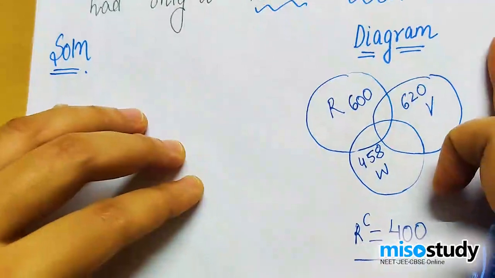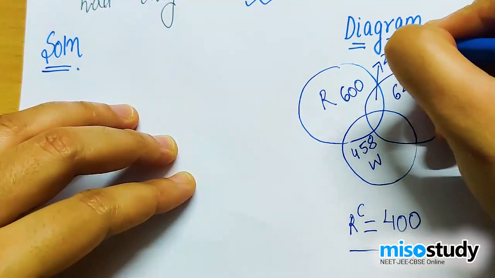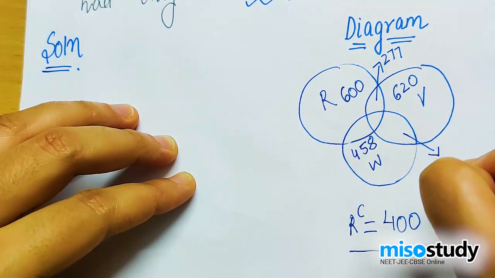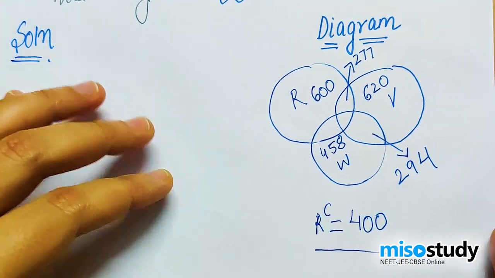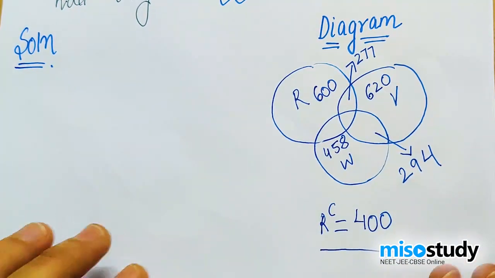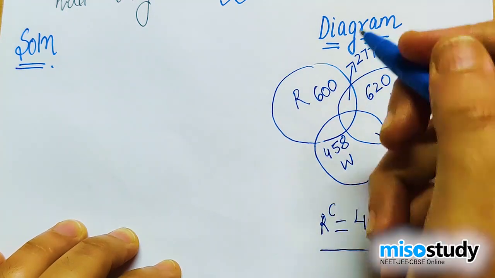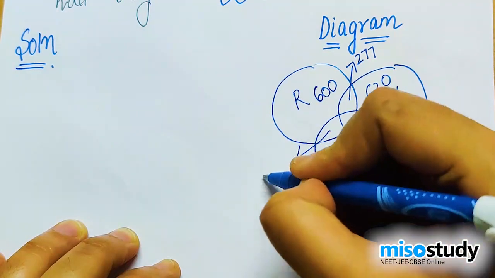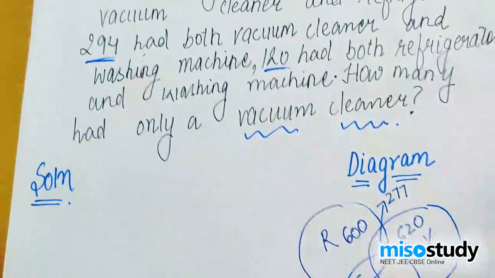So let's write down, this is 277 and this is 294, and 120 had washing machine and refrigerator both. So this is 120.